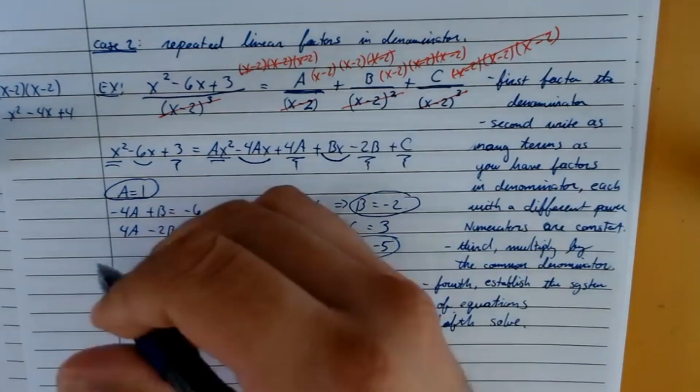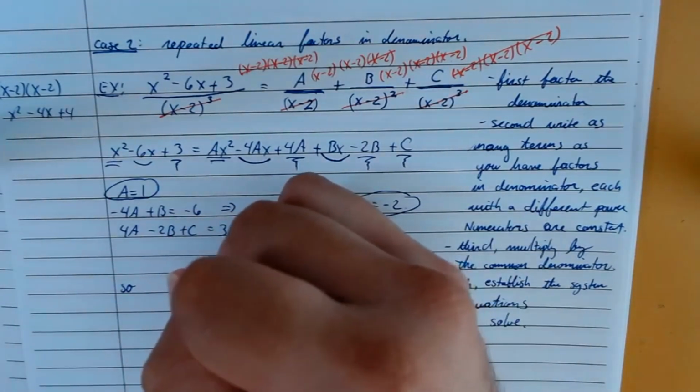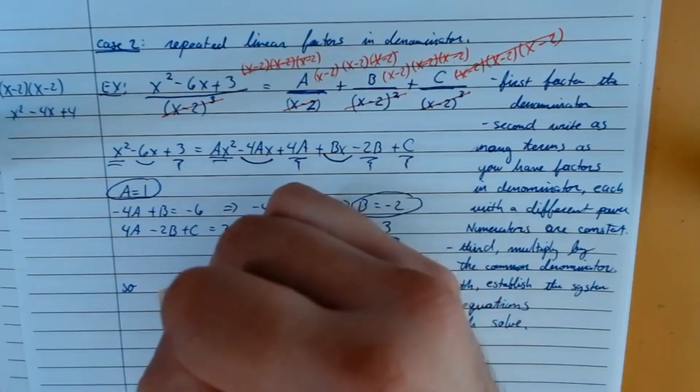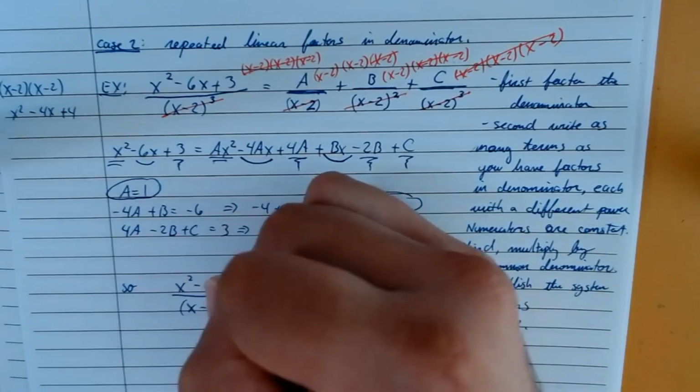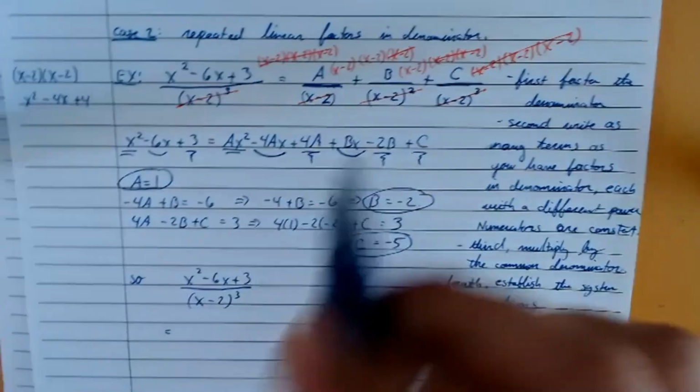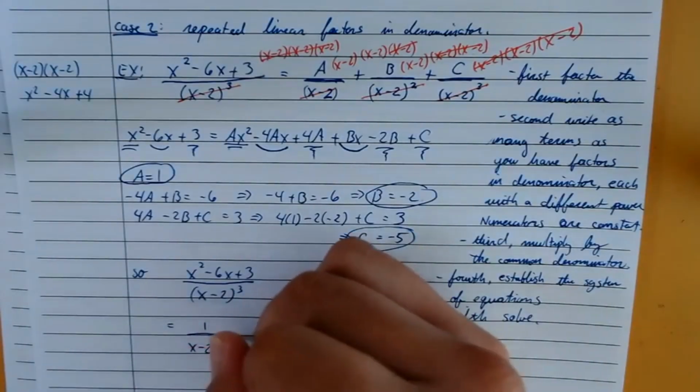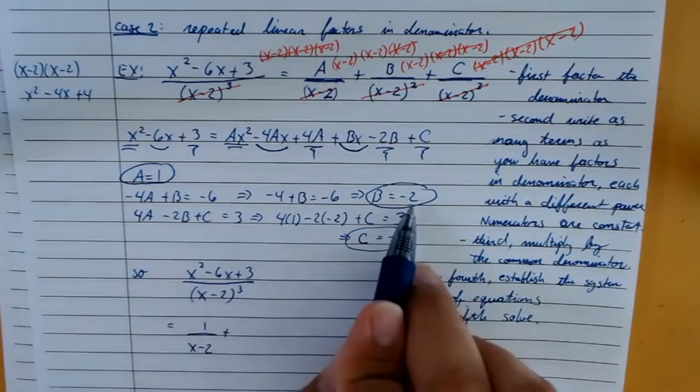So that gives us our answer. x squared minus 6x plus 3 over x minus 2 to the third power equals a, which is 1, over x minus 2, plus b, which is negative 2.